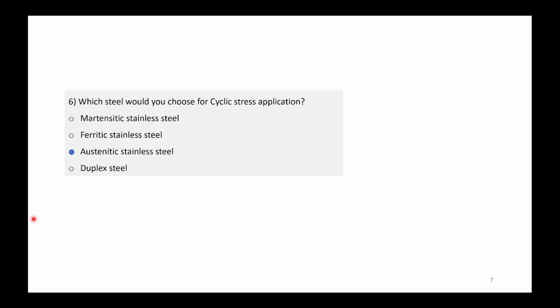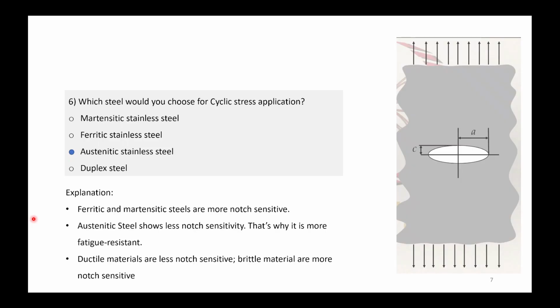Your answer will be austenitic stainless steel, because this steel is FCC in structure, so it is ductile compared to other steels, and ductile materials are less notch sensitive, so it has higher fatigue resistance. Ferritic and martensitic steels are more notch sensitive, and ductile materials are less notch sensitive compared to brittle materials, so we'll be using austenitic stainless steel.